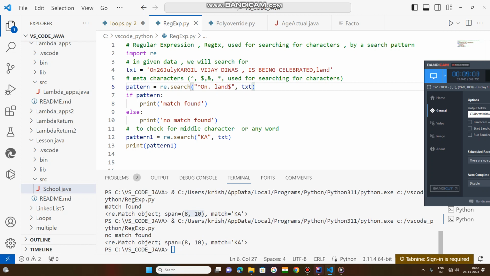No match found, because for this land, the word ending here, we need to use dollar and star. Now what about this dot operator? If I remove this one, what happened? No match found. So this is the pattern, this much of pattern.